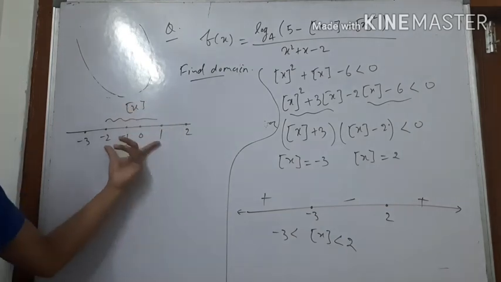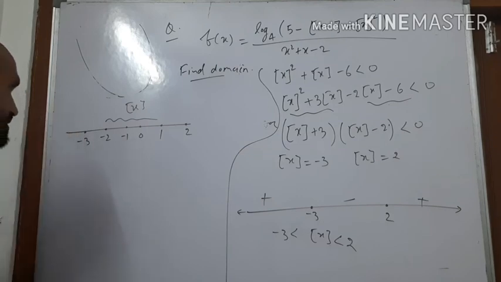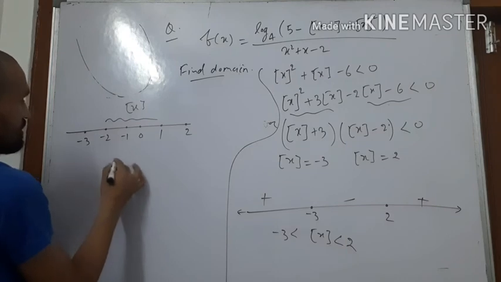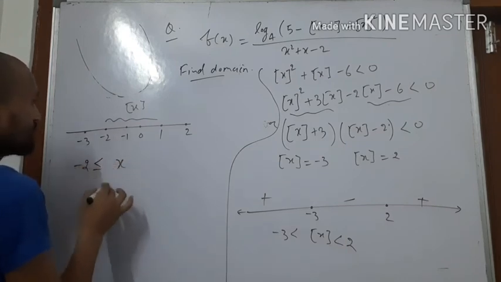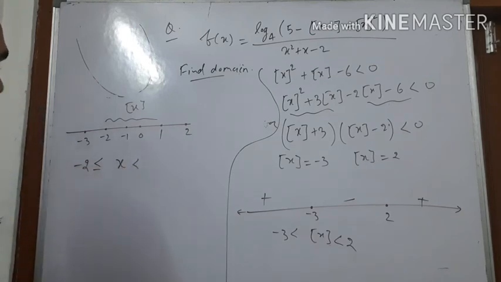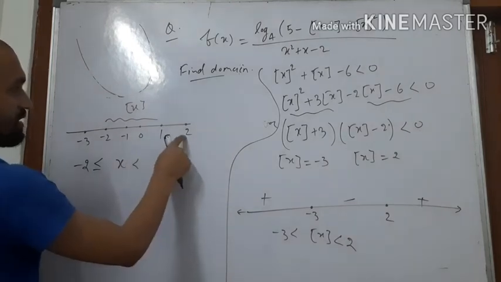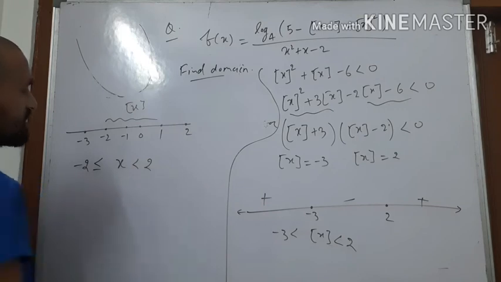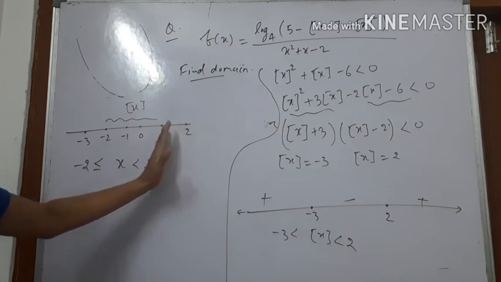If greatest integer x is this, then what should be x? X should be greater than or equal to -2 and less than 2, because all values before 2 will give 1.